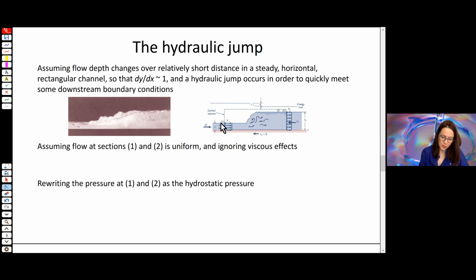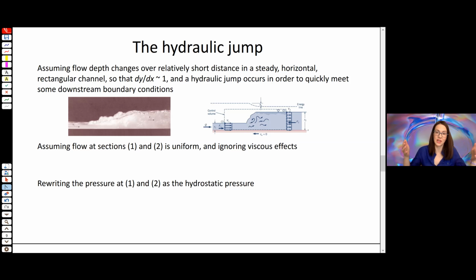Let's say this flow is going to meet a wall downstream, and it has to come to 0, or a very low flow speed, at the wall. Upstream at section 1, the cross-sectional area of the flow is so much smaller that you've got a much higher velocity than you do at section 2. So by taking this jump in height, it allows the flow to decelerate, and it brings the flow speed down.